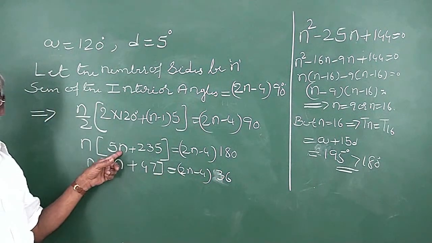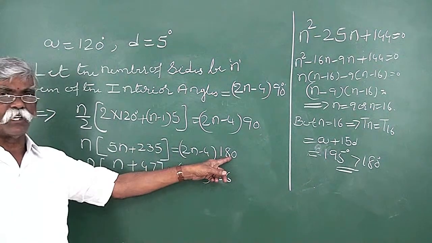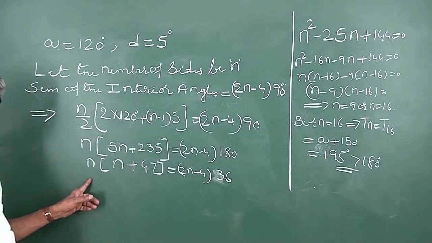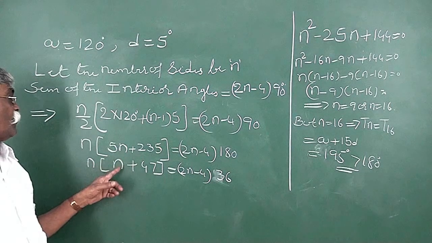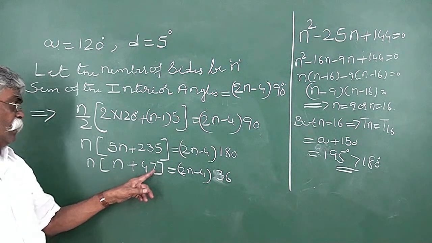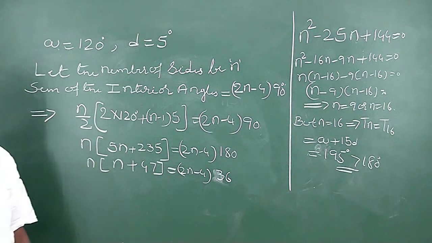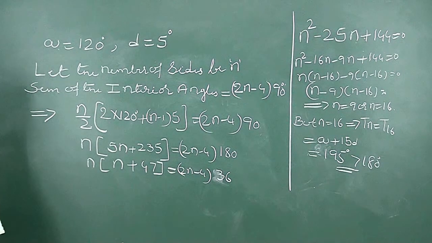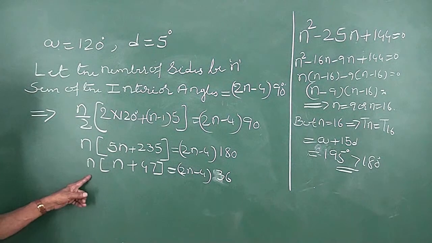Now here 5 is taken as common factor and cancelled with this. So n into, when 5 is taken out, it is n plus 47 is equal to 2n minus 4 into 36. Now n into n is n square.